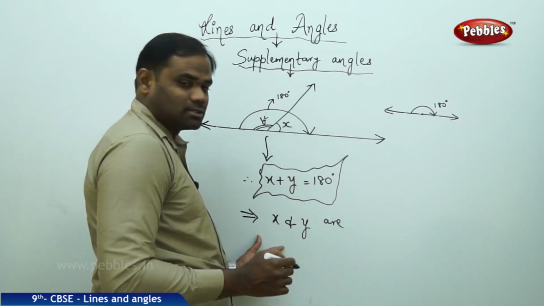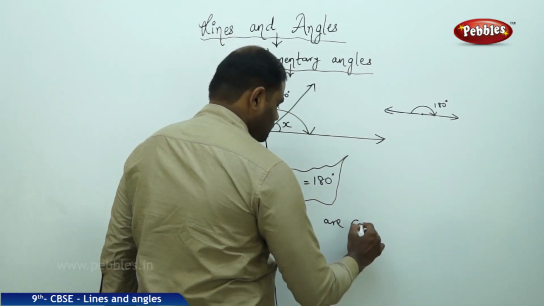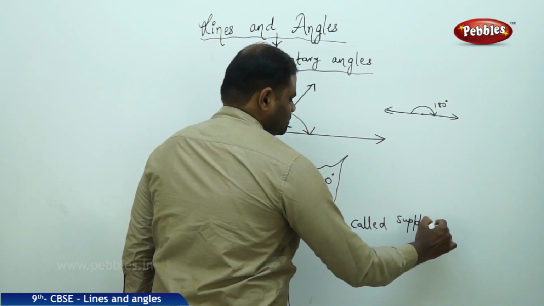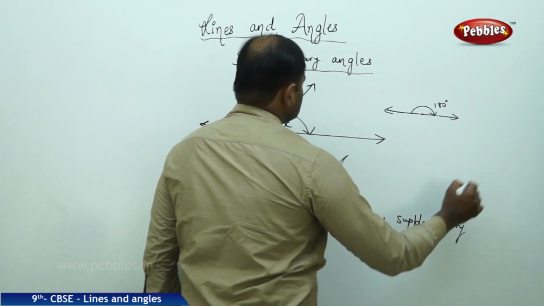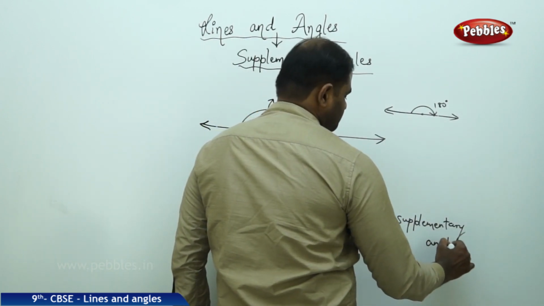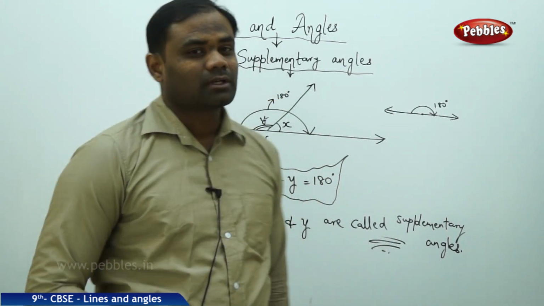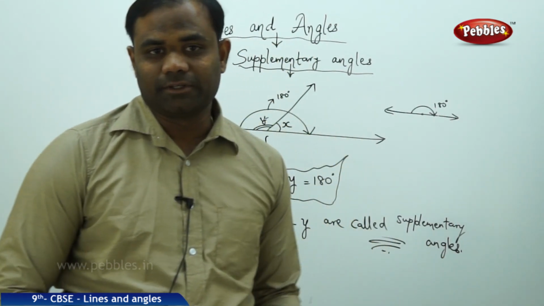If this equals this, it implies X and Y are called supplementary angles. Supplementary angles and their definition.